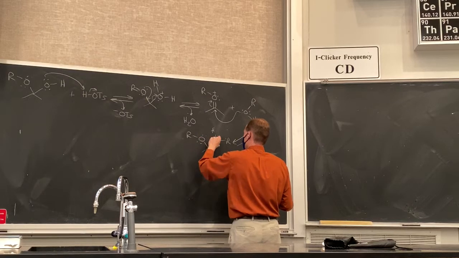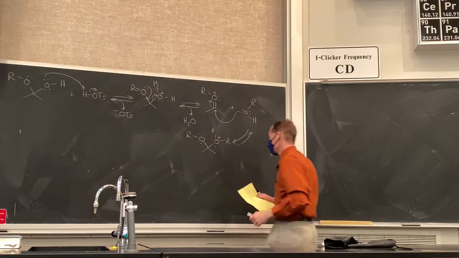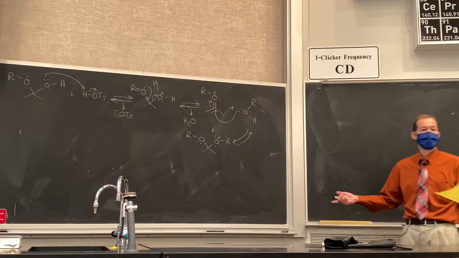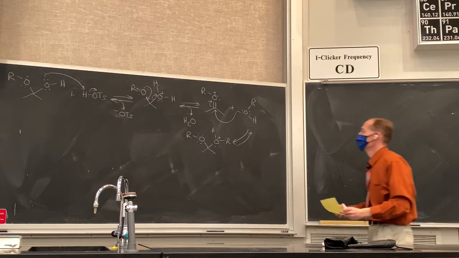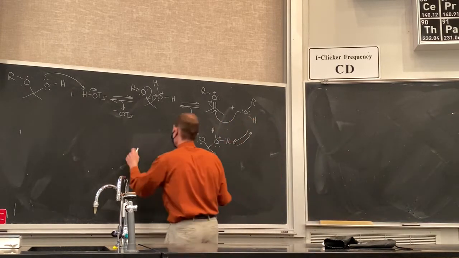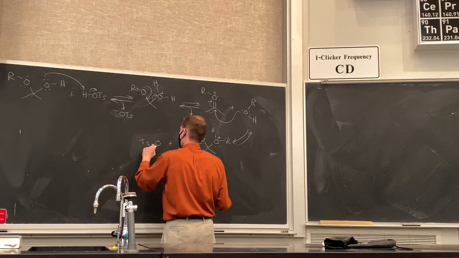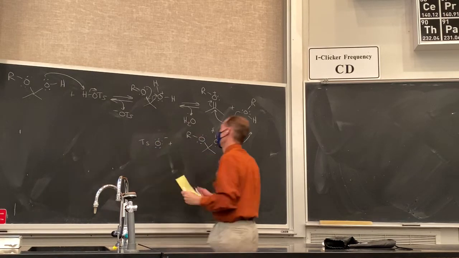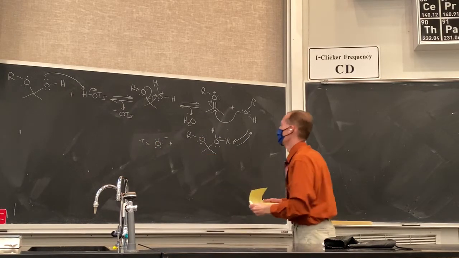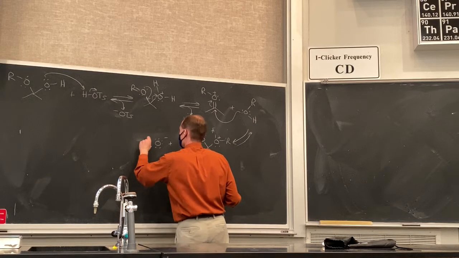Okay, and that gives us this cationic intermediate, which needs to be deprotonated. And so here we're going to use the conjugate base of our toluene sulfonic acid. Let's draw that a little closer.